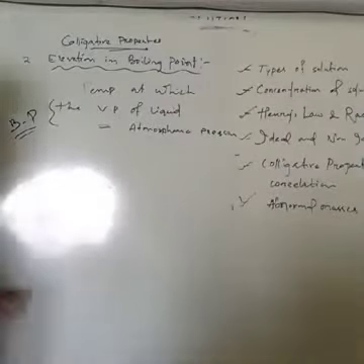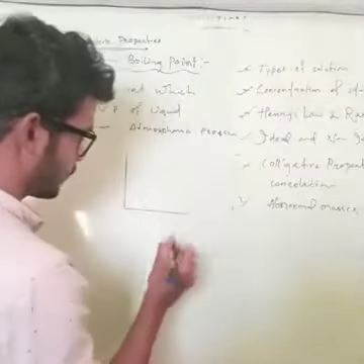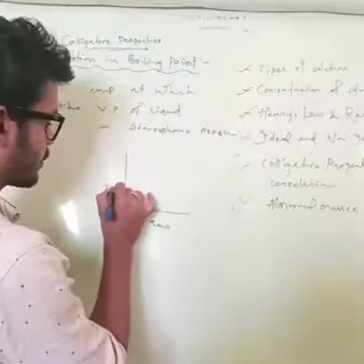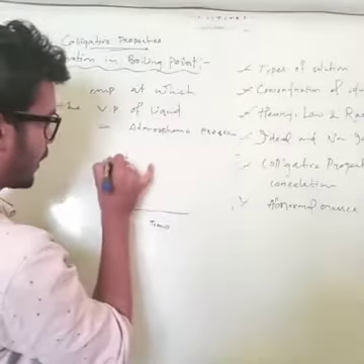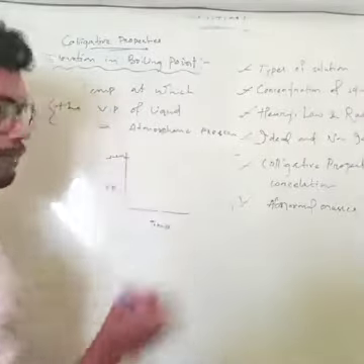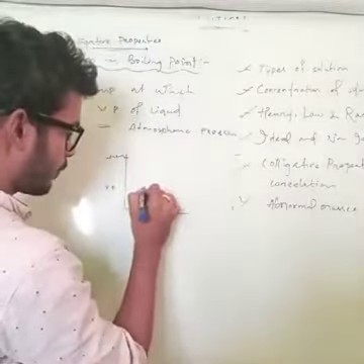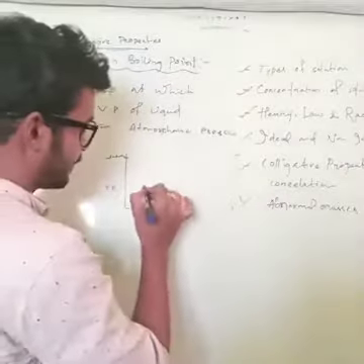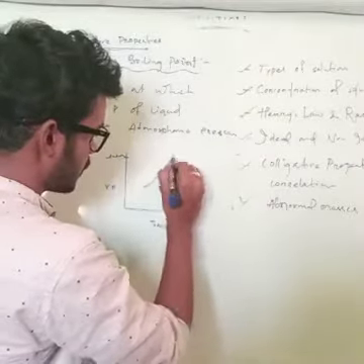Okay, so if you plot a graph, temperature versus vapor pressure, suppose this is 1 atmospheric pressure, and you have one solvent. You start giving temperature, it increases, and vapor pressure increases.